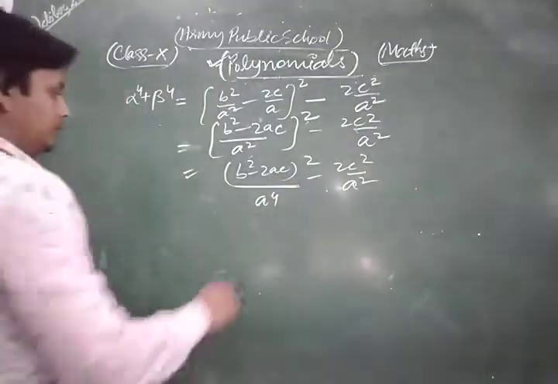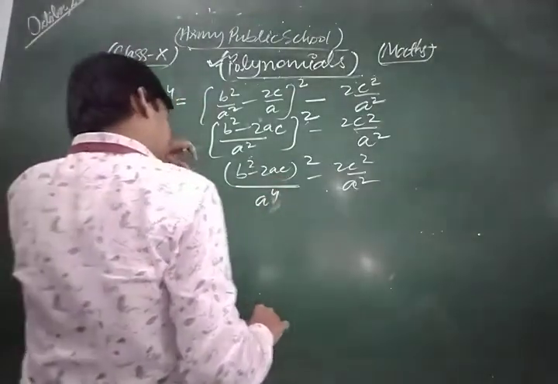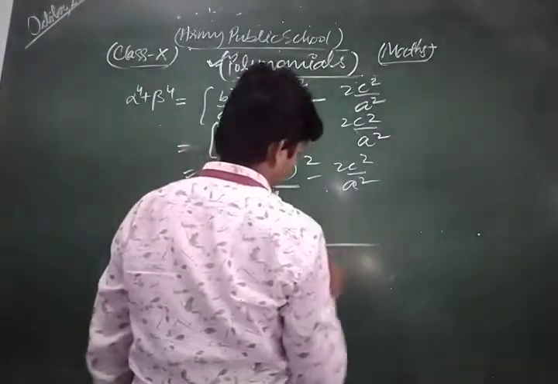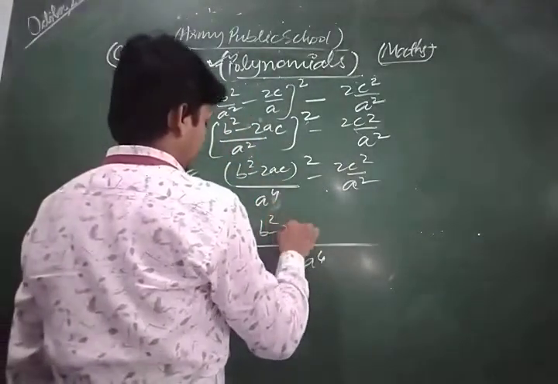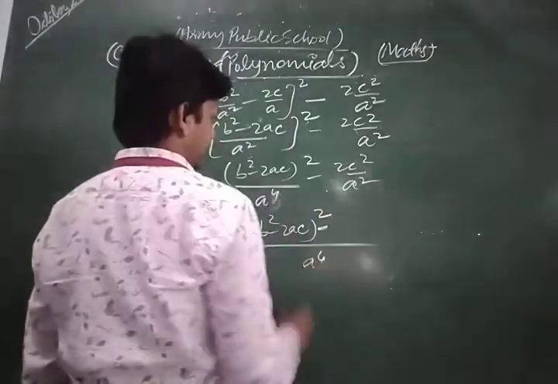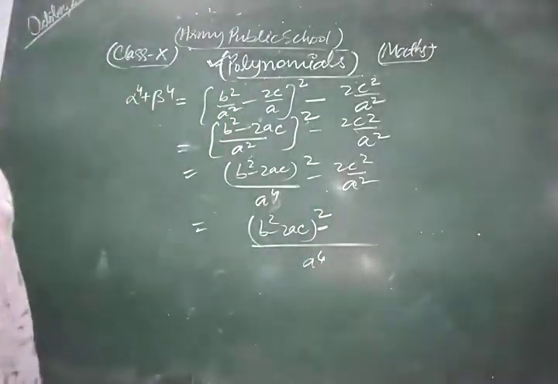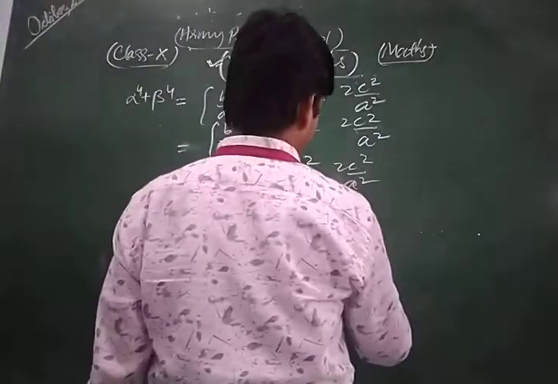Now we take a power 4 as LCM. If we take a power 4 as LCM, we get b square minus 2ac whole square minus 2c square a square, minus 2 a square into c square.